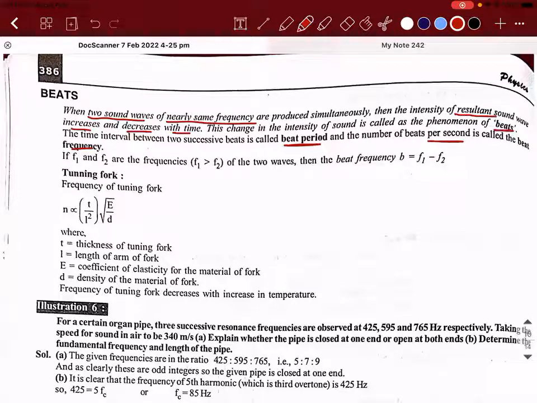This concept of beats is applicable only for sound. It is not applicable for any other wave. Suppose, you know what a tuning fork is, right? You would have seen it. So you have one tuning fork and you have another tuning fork. Let's say one tuning fork is of frequency 6 hertz and the other is of frequency 8 hertz. If you observe, they both have a slight frequency difference. So that is their natural frequency, right?